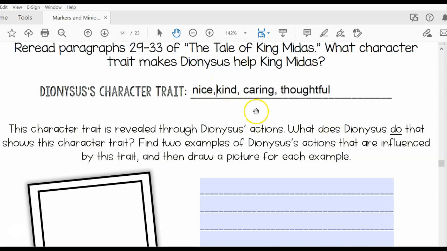Okay. But I think let's use kind, because he felt sorry for the king, right? Okay, and yeah, he was thoughtful, but ultimately he was kind. It says, what does Dionysus do that shows this character trait? So what did he show? And in paragraphs 29 through 33, what does he do that shows that he was kind?